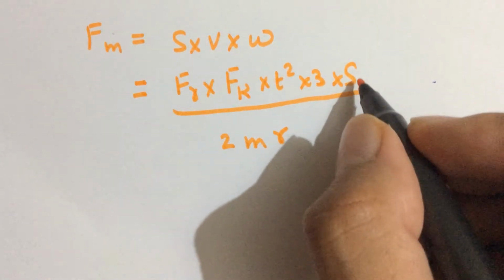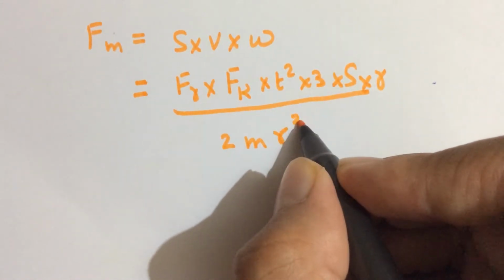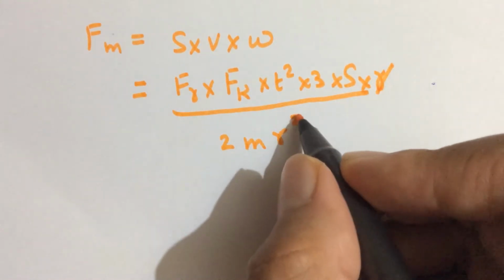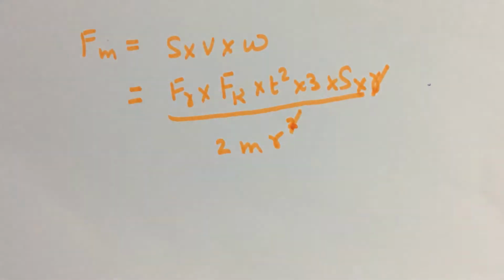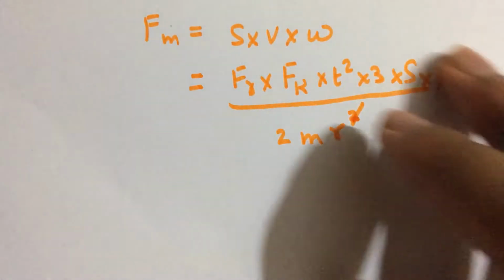I think I missed that. Into r, and this is r squared. So we strike this off. So now we've got Fm is equal to this expression right here.